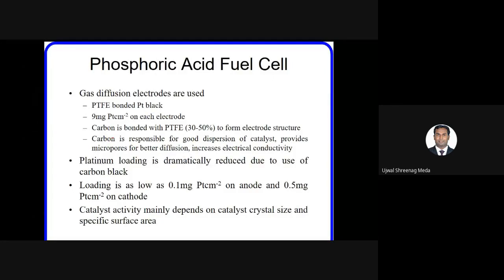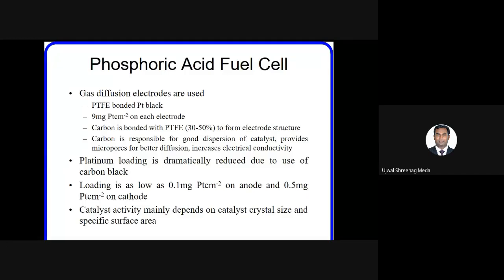In the most primitive phosphoric acid fuel cell, the entire electrode was fabricated using platinum. Here carbon black or graphite is used as the substrate, the base material.